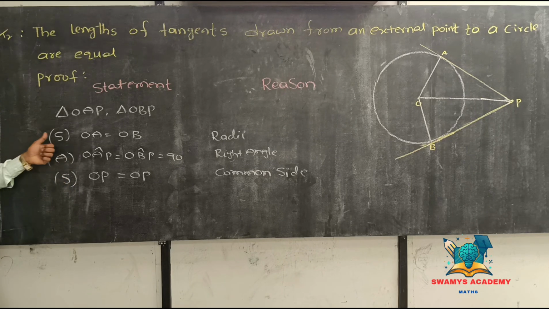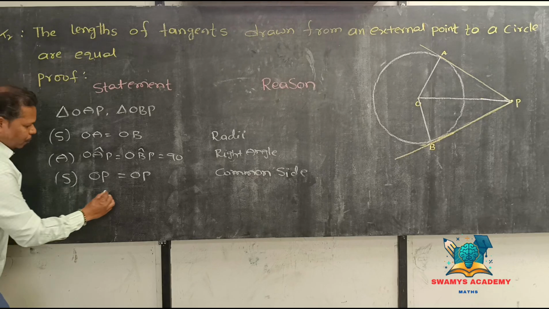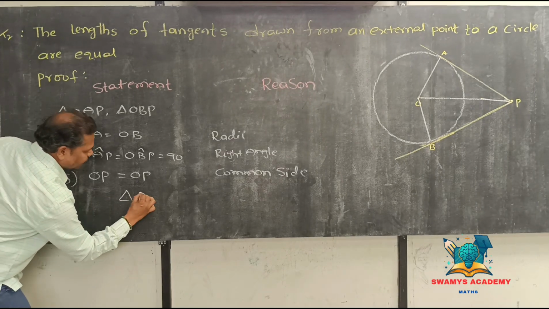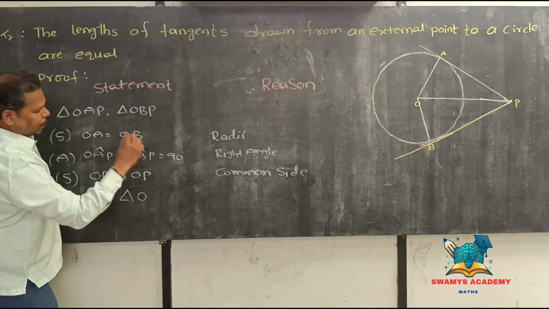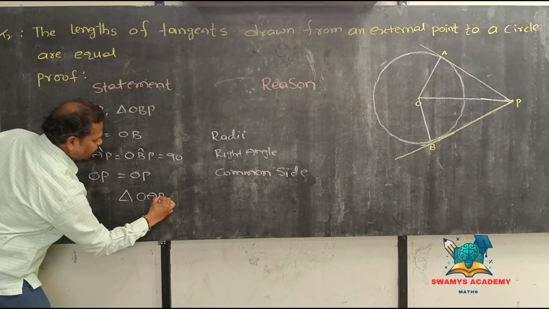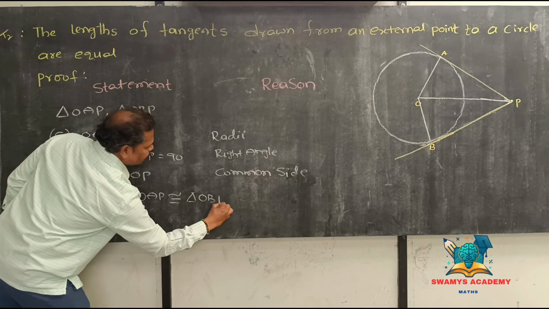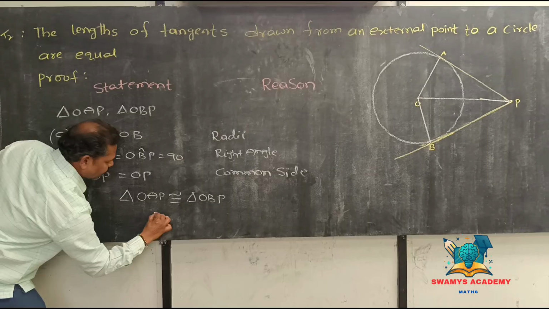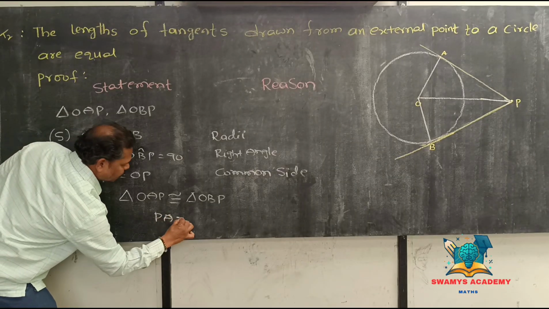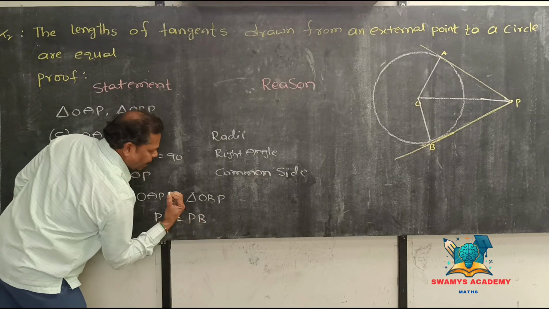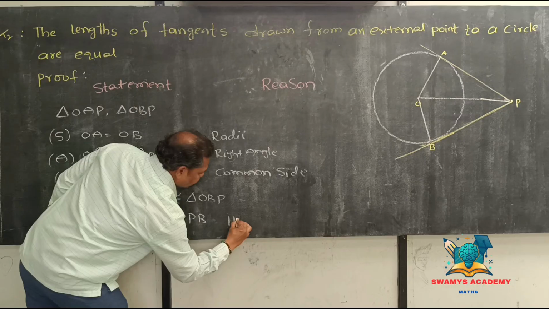According to the SAS criterion, both triangles are congruent to each other. That is, triangle OAP is congruent to triangle OBP. Therefore PA equals PB. Hence proved.